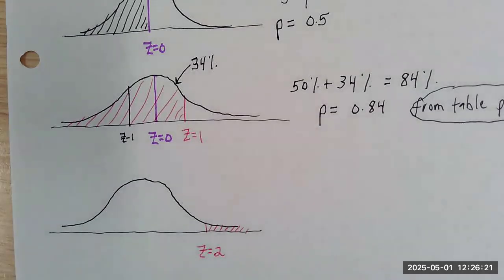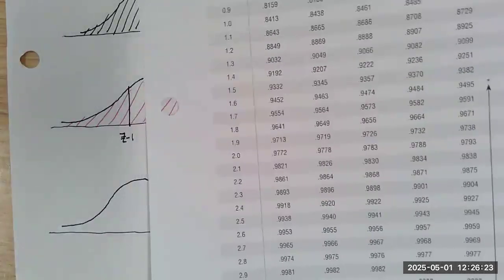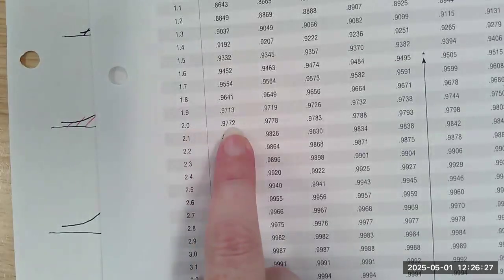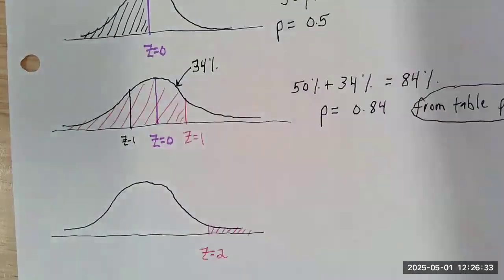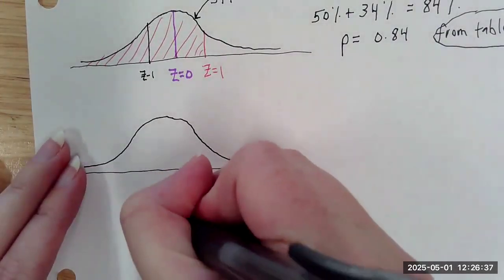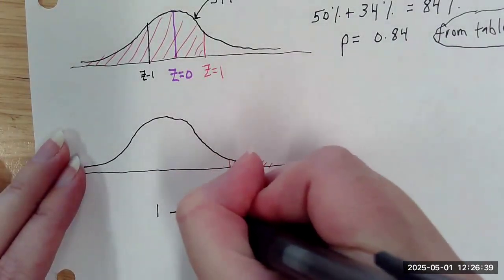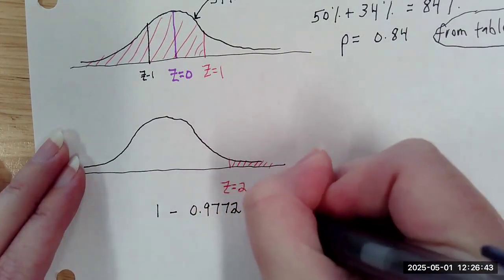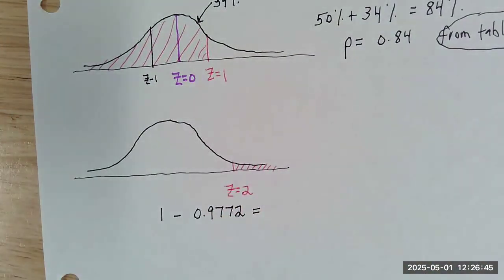For z is equal to 2, we're on the positive side again, and it's telling us it's 0.9772. So we need to do 1 minus 0.9772 to figure out what's over in that little tail.